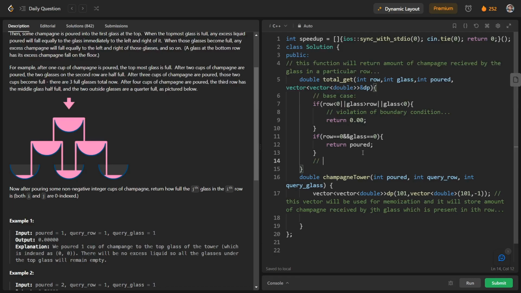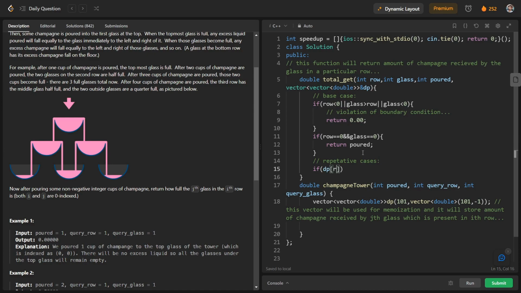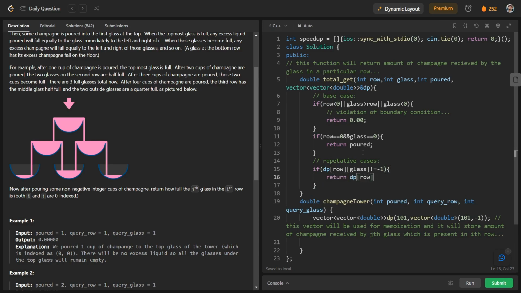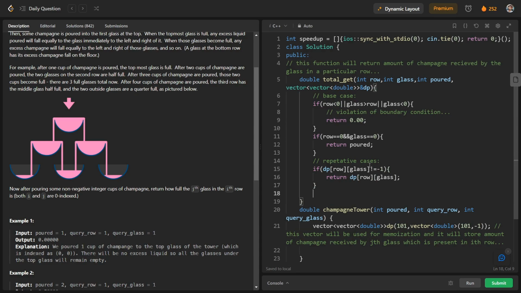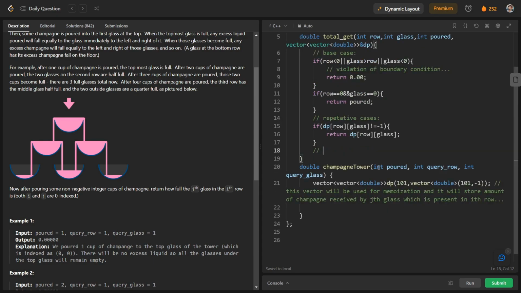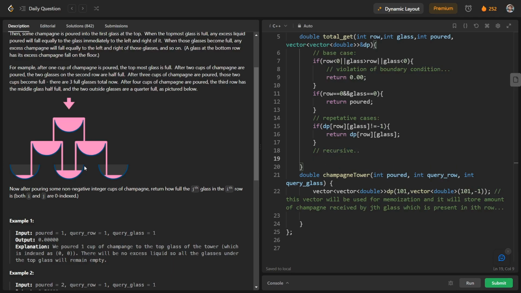And talking about the repetitive cases, if dp of row and glass is not equal to -1, we will just return dp of row and glass. Now talking about the recursive cases, we are receiving champagne from the left glass and from the right glass.